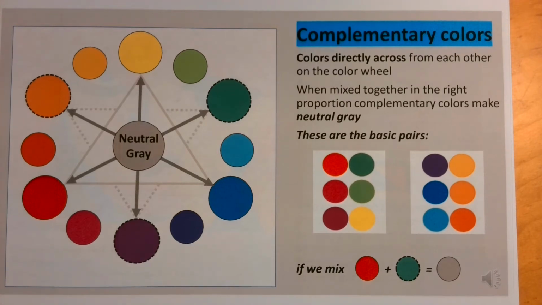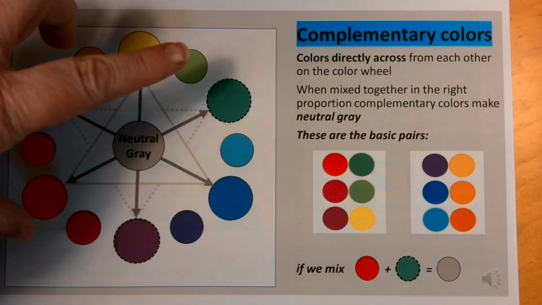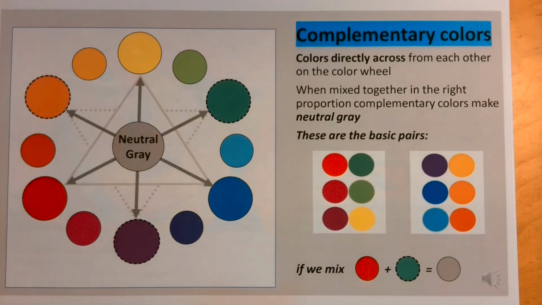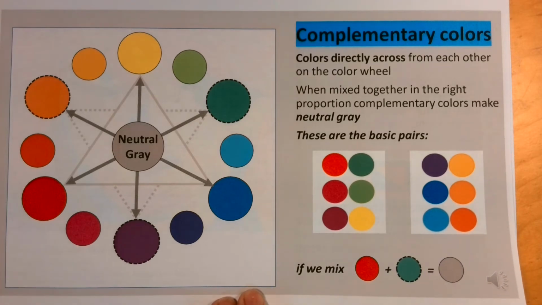However, if we mix them together, we get neutral gray. And it usually takes more of the lighter value and less of our darker value to hit that neutral gray. But together, next to each other, exciting for our eyes, mixed together, grayed out.